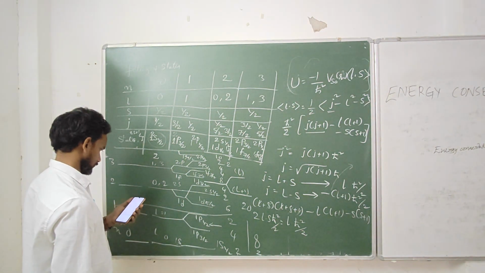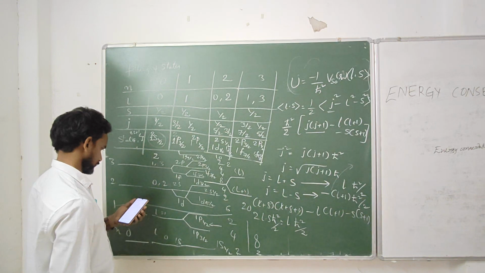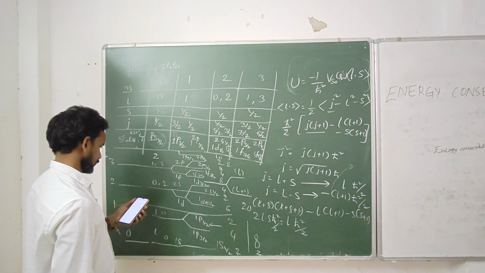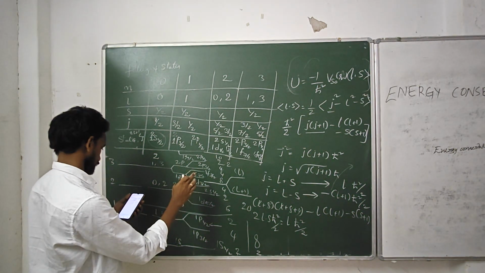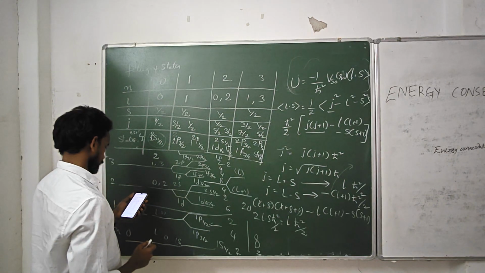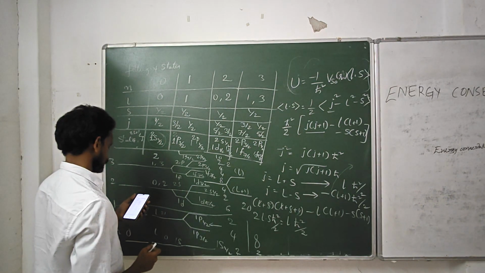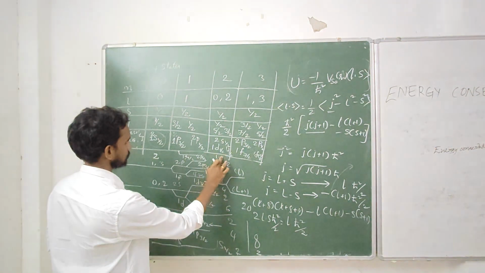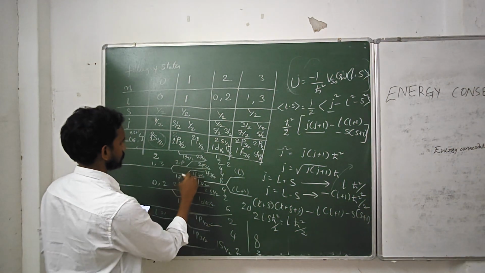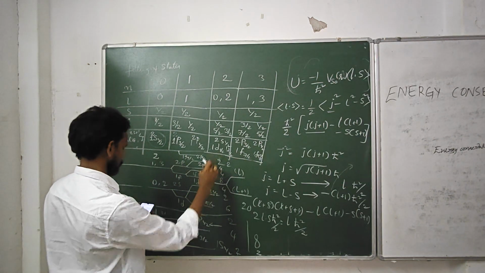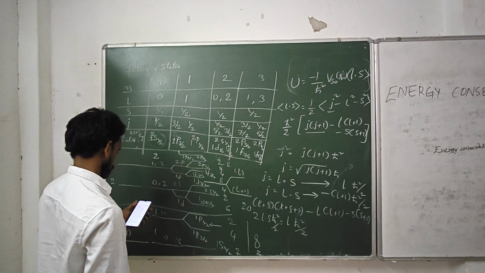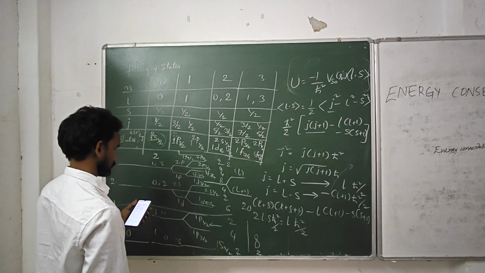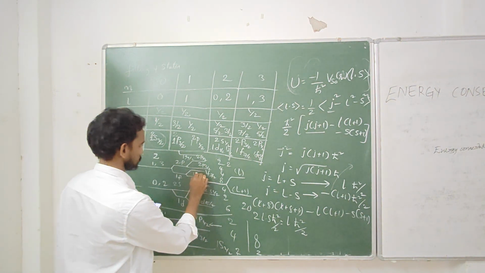Is it 9 by 2? Okay, 11 by 2. 1g 9 by 2. So up to 1f 7 by 2, it is this one.